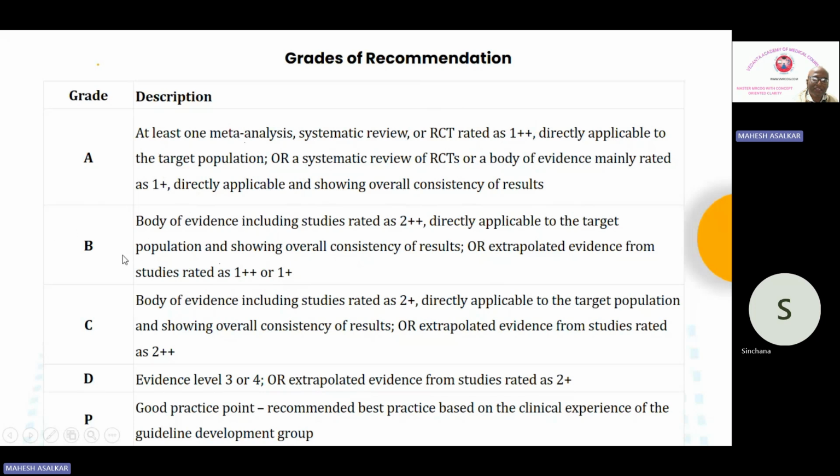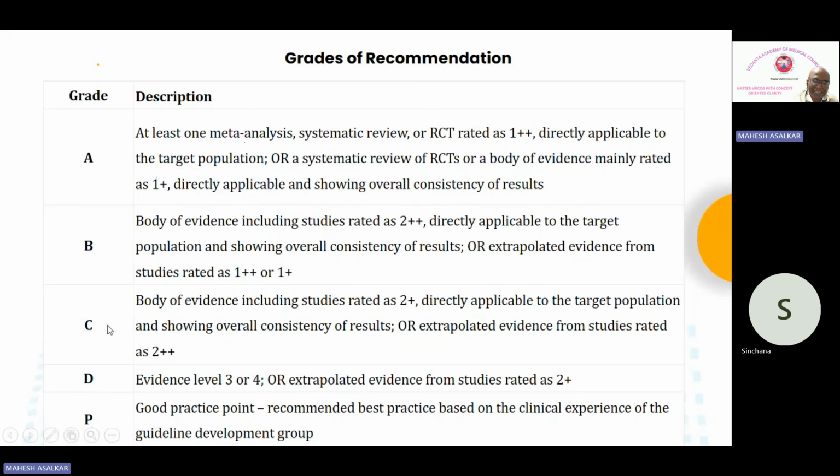While in grade B, the studies are rated as 2++, or it is extrapolated from 1++ and 1+.